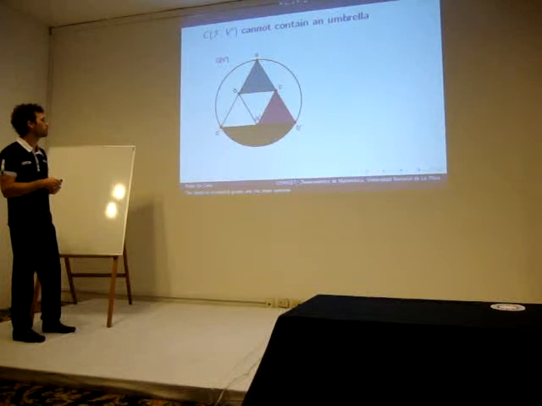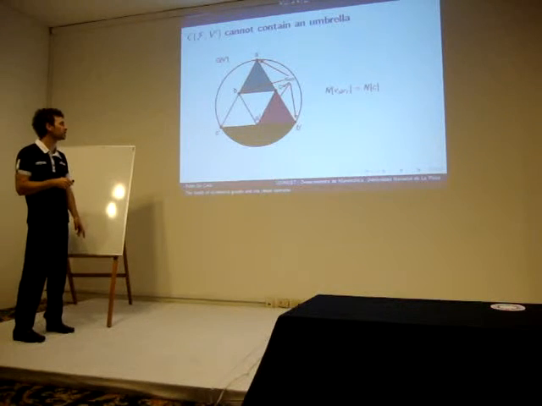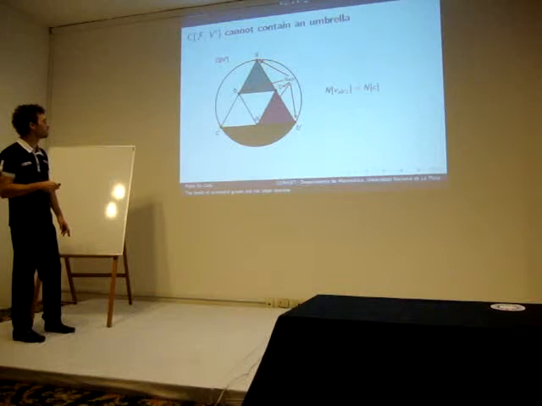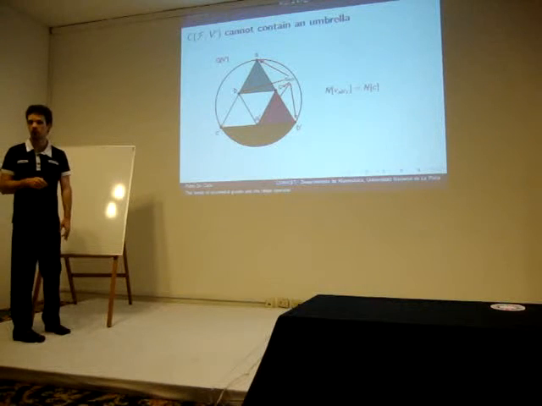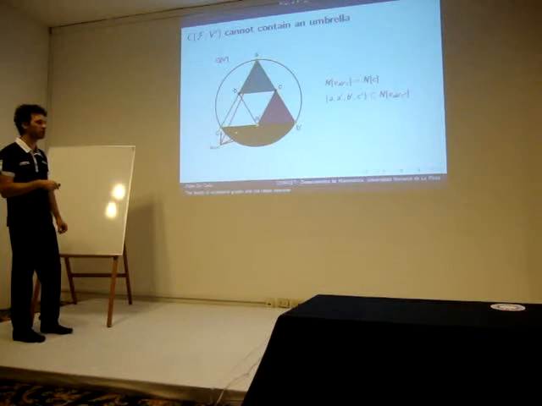If we have an umbrella like this in C of F prime, then we can see that this vertex B sub A B prime C has the same vertices in B prime as C, so they have the same neighborhood by one of the properties I mentioned before. And on the other hand, if we now consider the vertex B sub A B prime C prime, we can find immediately four vertices for it.